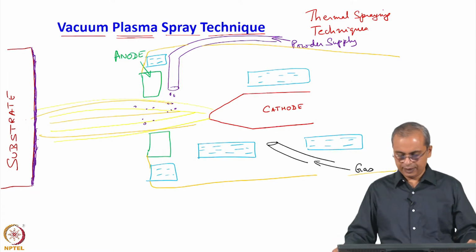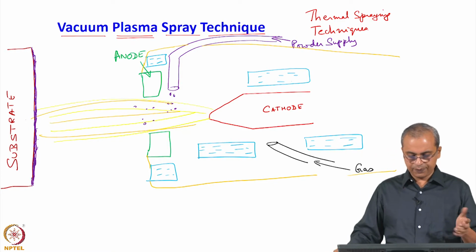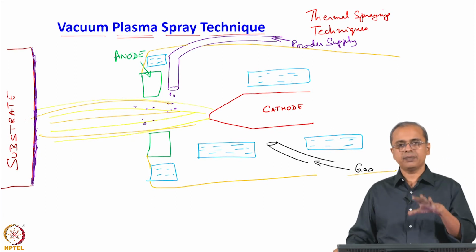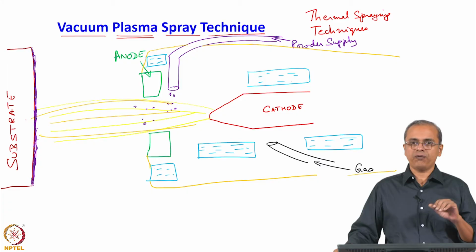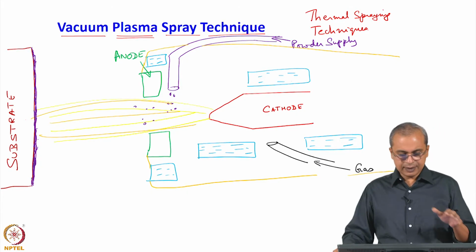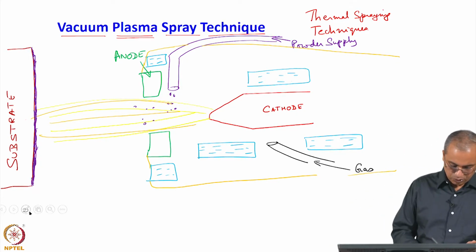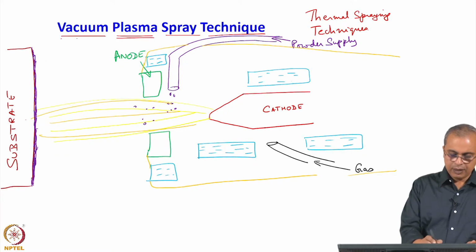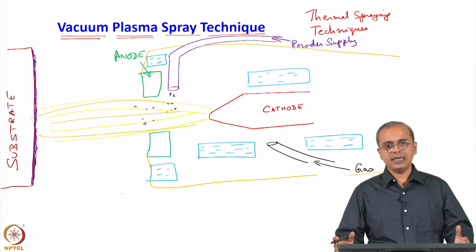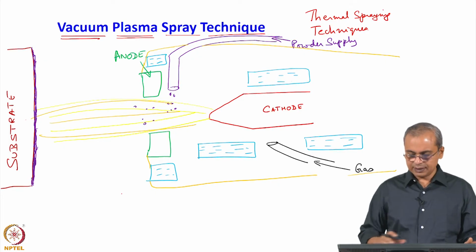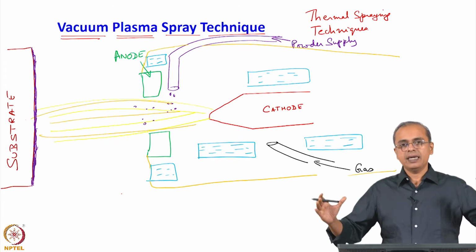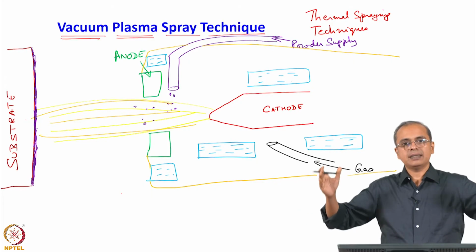You can look at a lot of detailed images put out by various commercial vendors of how their systems look, but in general this is the set of parts that is involved. It says here vacuum, right on top. What this means is this whole unit that I have just shown you, the substrate, the cathode, the anode, the powder supply, everything is sitting inside a big chamber, and the chamber is evacuated.